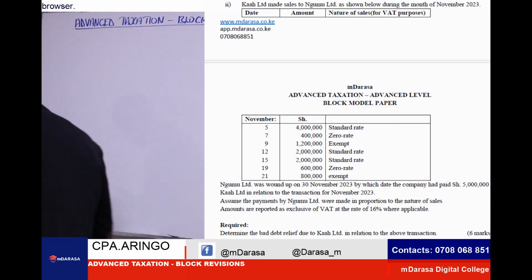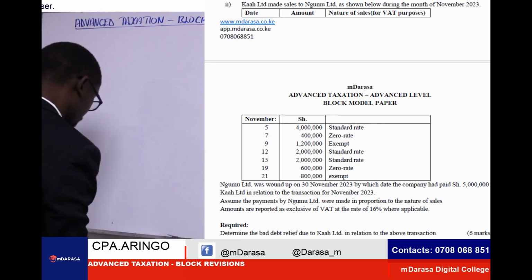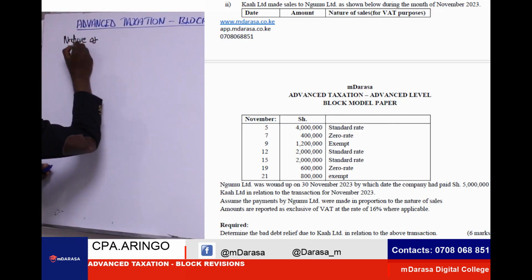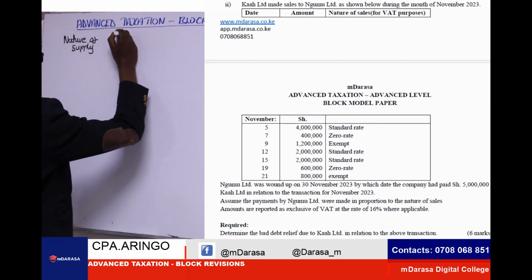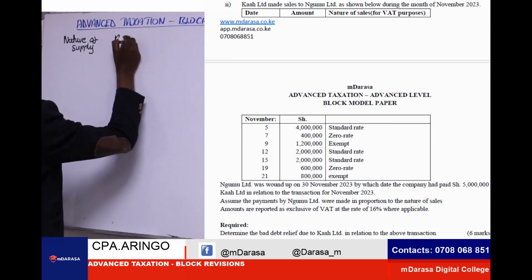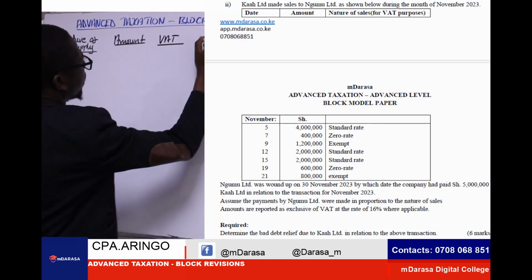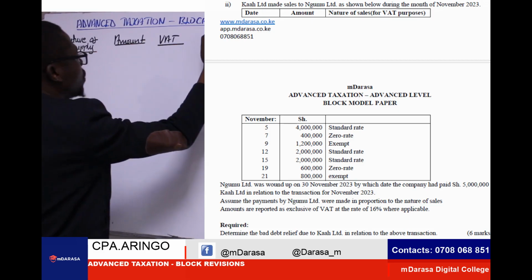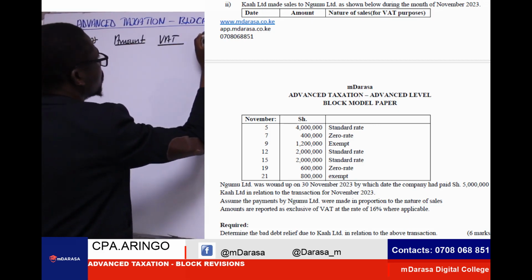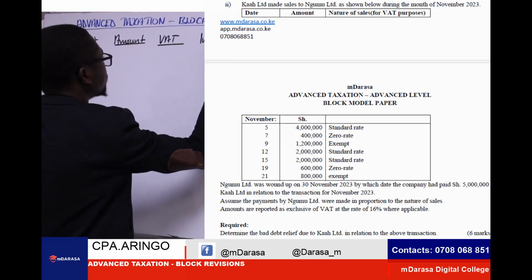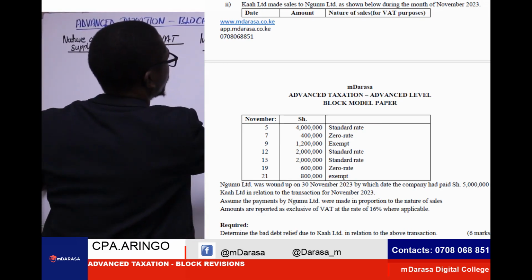I want us to determine the total values of these items inclusive of VAT. So we'll have the nature of supply, then our amount, then we determine our VAT, then our amount inclusive of VAT, and then the total value.